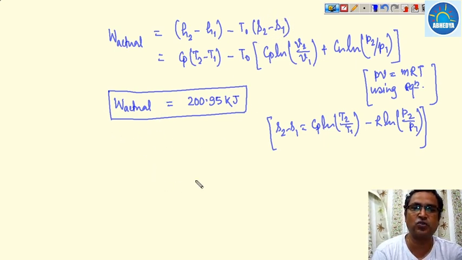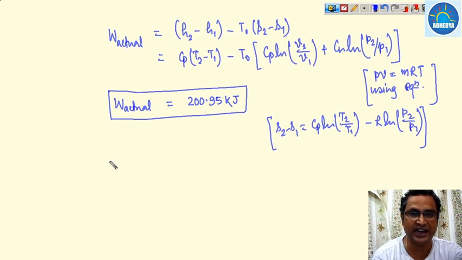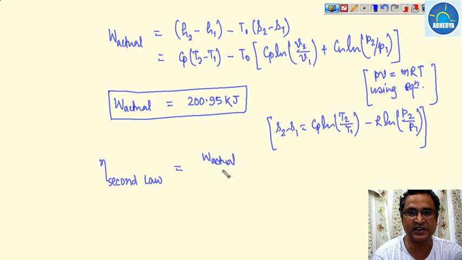Since this is the total actual work that we have calculated, we have to find the second law efficiency. The second law efficiency is nothing but your actual work divided by your ideal work. The actual work is 200.95, divided by the ideal work.